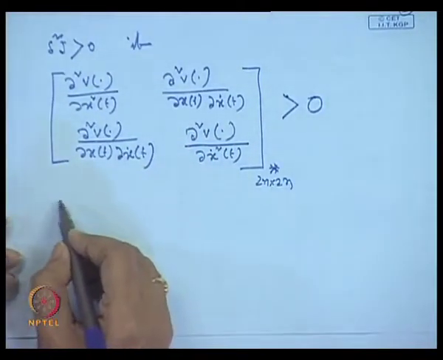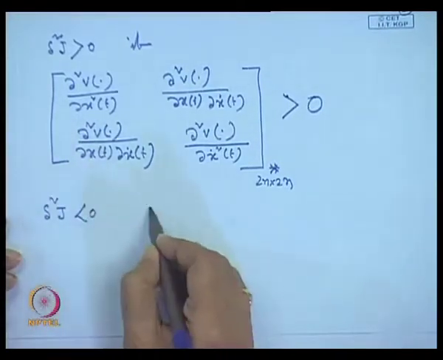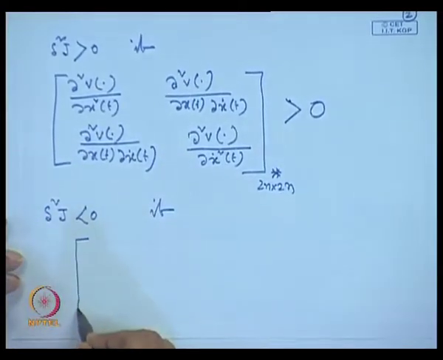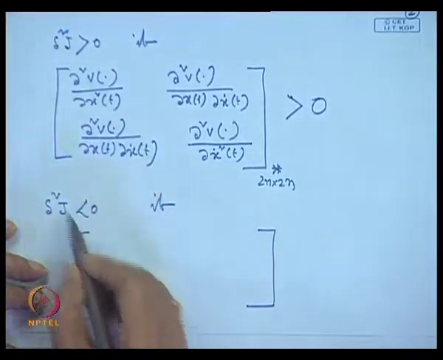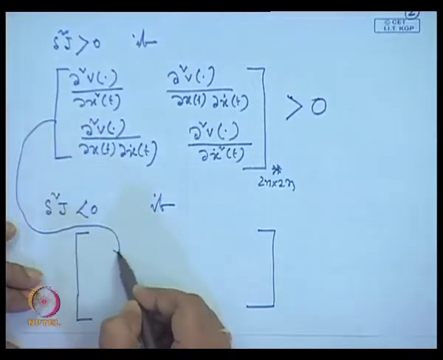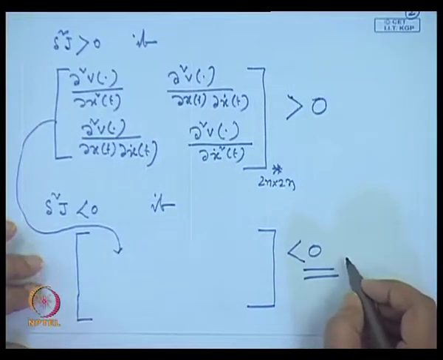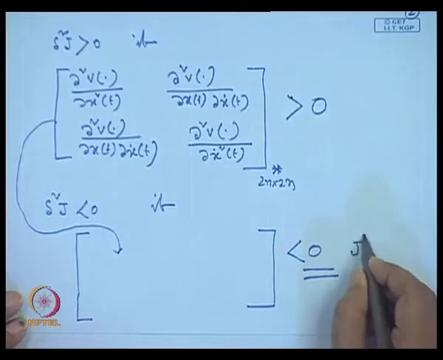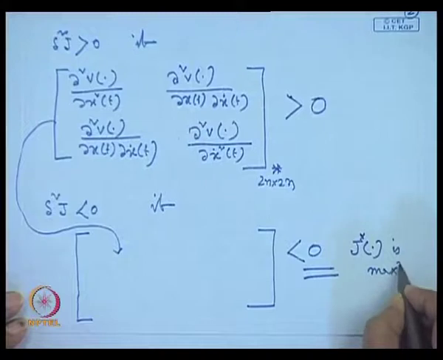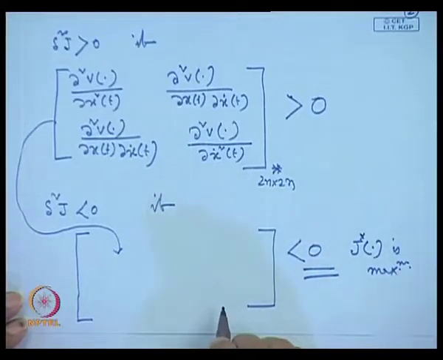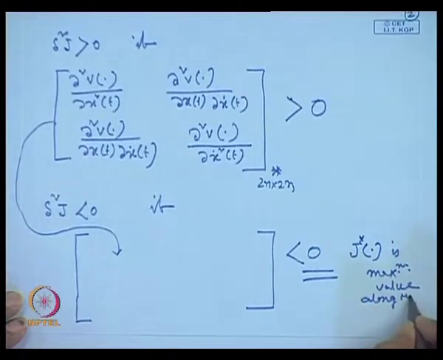And we can write delta square j is less than 0 if the same matrix is less than 0. This implies that the functional value j star is a maximum value along the trajectory.